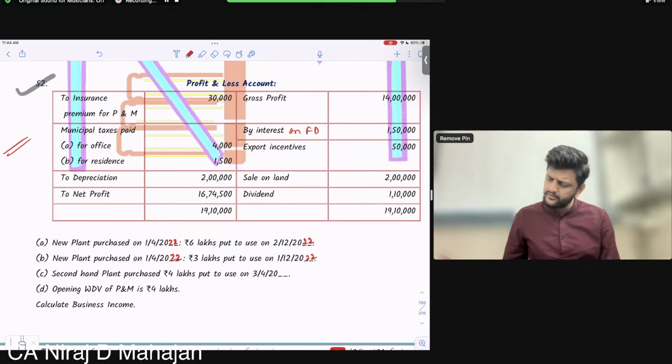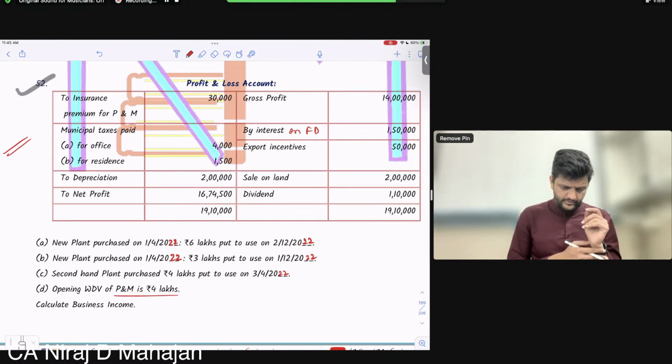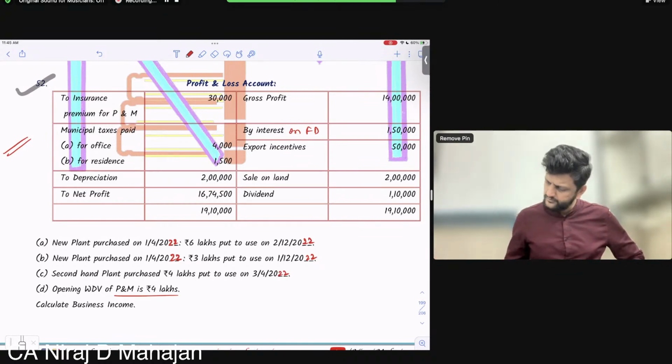Second hand plant purchased, 4 lakhs, put to use on 3rd April 22. Opening WDV of plant and machinery is 4 lakhs. Fine till here.